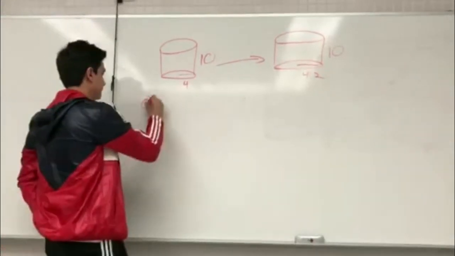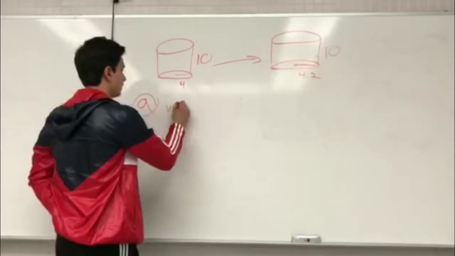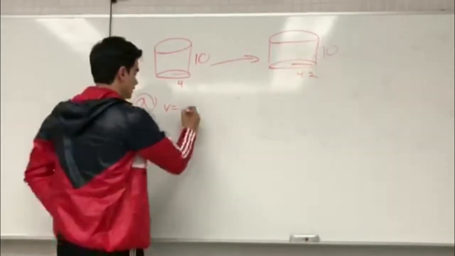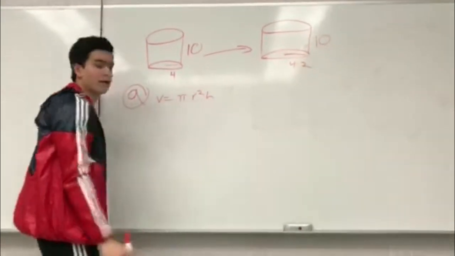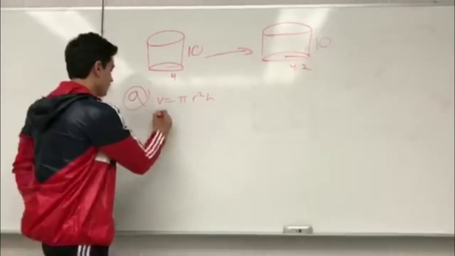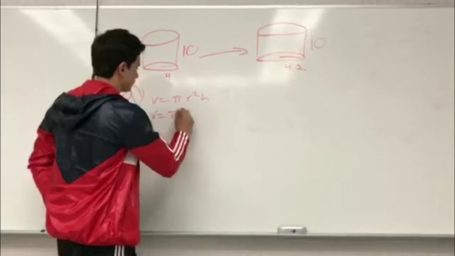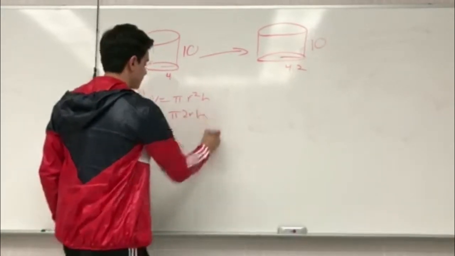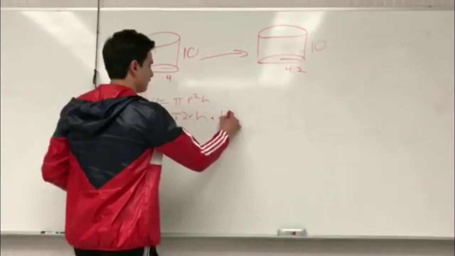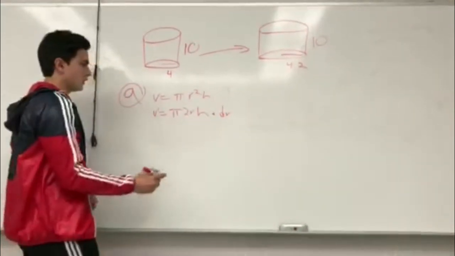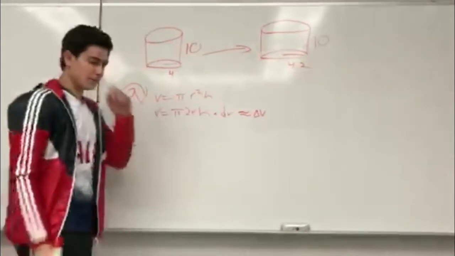So for A, we're going to have the formula for the volume of the cylinder, which is pi r squared times the height. We're going to find the derivative of the volume, which is pi 2r times the height, and we're going to multiply it by dr to find the approximate change in the volume.